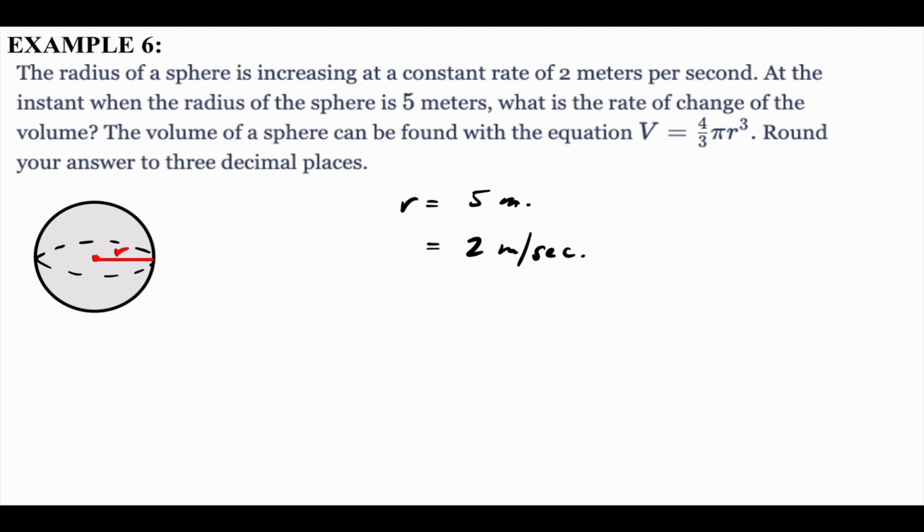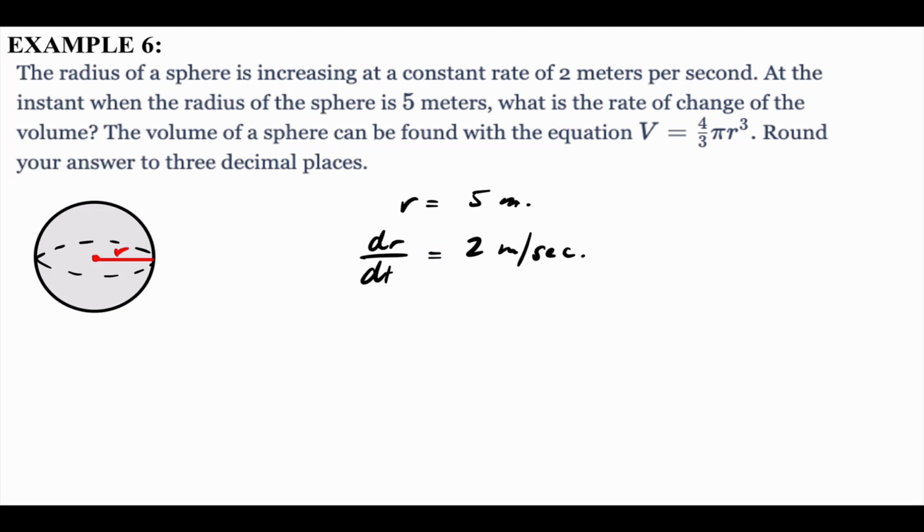What symbol would we use for this? dr over dt. The radius is changing over time, right? That's a rate. Okay. Good. Do we know anything else? Anything else that we know?